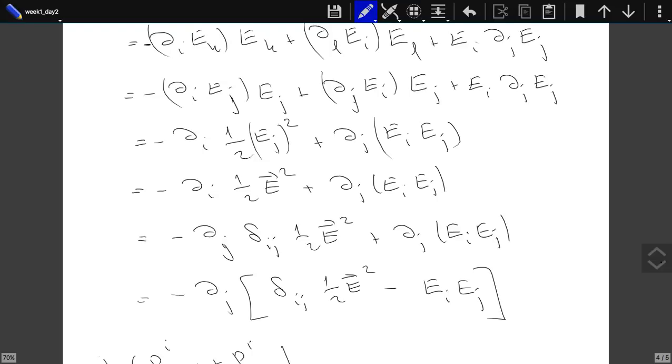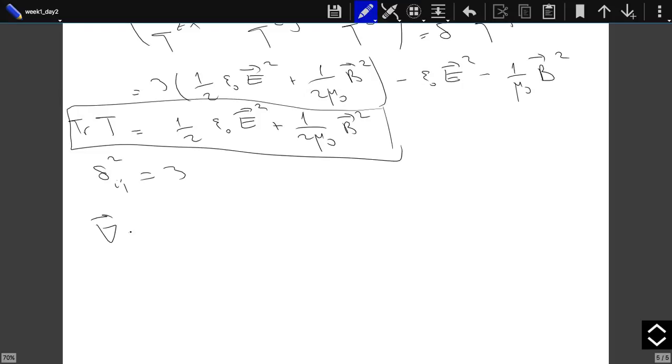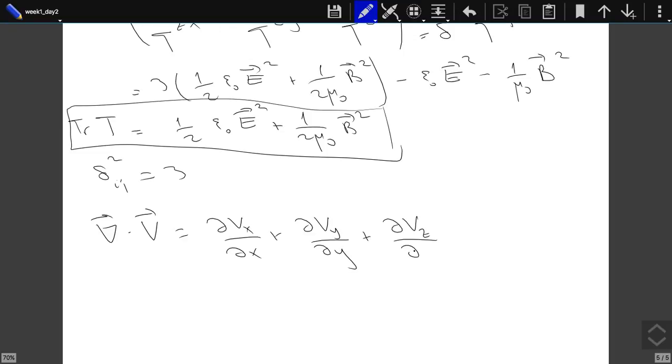I'm taking its derivative with respect to xj and summing over J. That is how we define the divergence. Now you see the divergence of a vector field: you take the x component, take its derivative with respect to x, the y component with respect to y, the z component with respect to z.